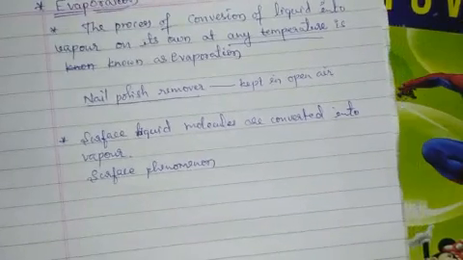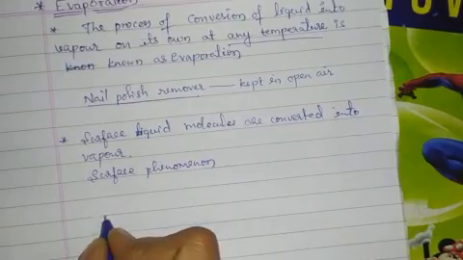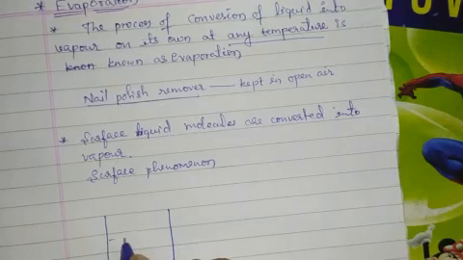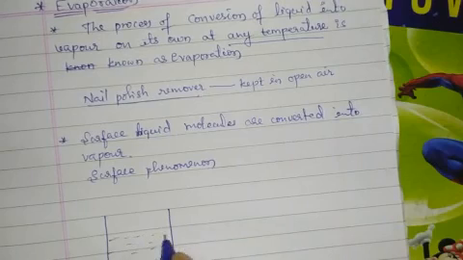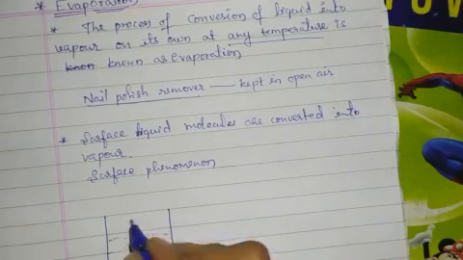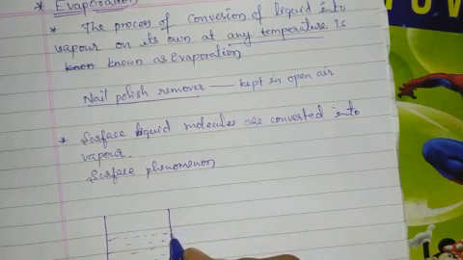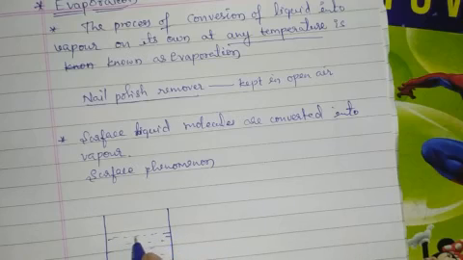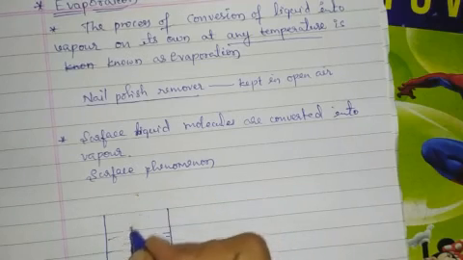See here, if you take water inside a beaker and you keep this water in an open ground, after some time you will observe that the level of the water inside this beaker will decrease, because here the water molecules are converted into vapor.